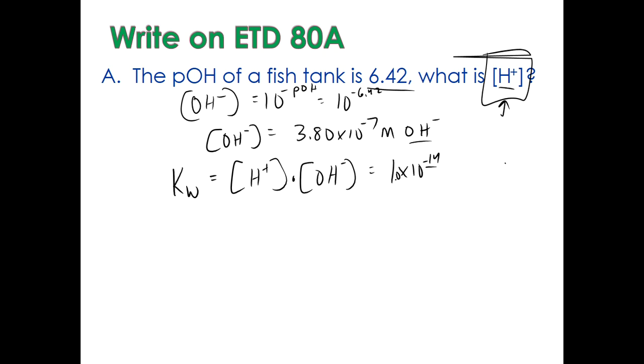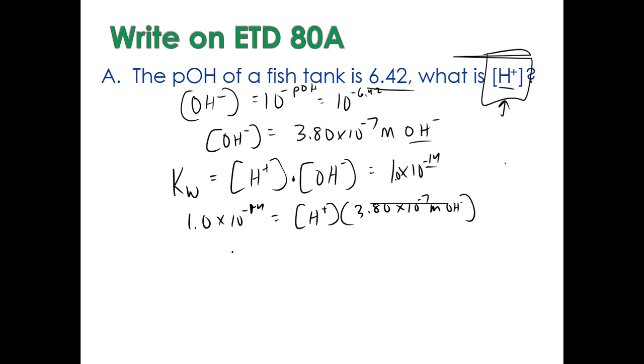Right? Now I can use this because I know some of these things. I know that it should come out to 1 times 10 to the negative 14th. And I don't know what the hydrogen ion concentration is, so that's my unknown. But I just figured out my hydroxide concentration, which is 3.80 times 10 to the negative 7 moles per liter of the hydroxide. And I don't even have to write it because of the brackets, but that's okay, right?